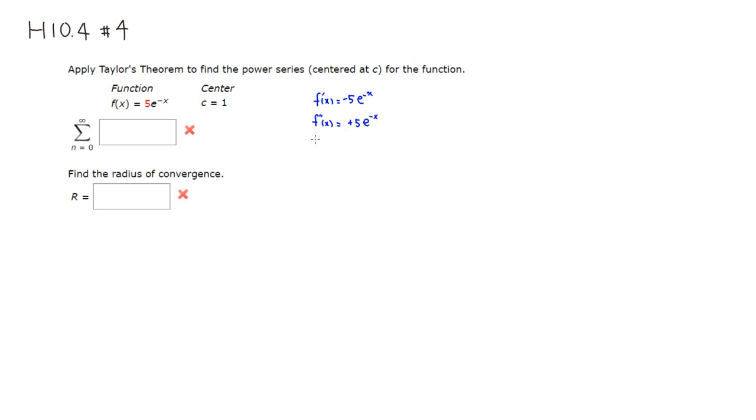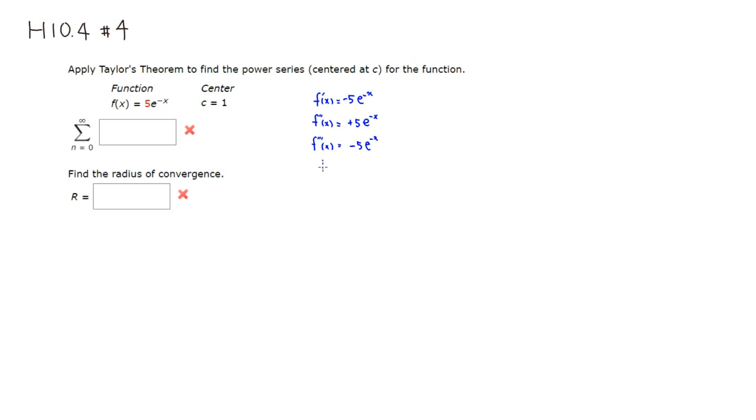And then the third derivative is going to be negative 5 e to the negative x.